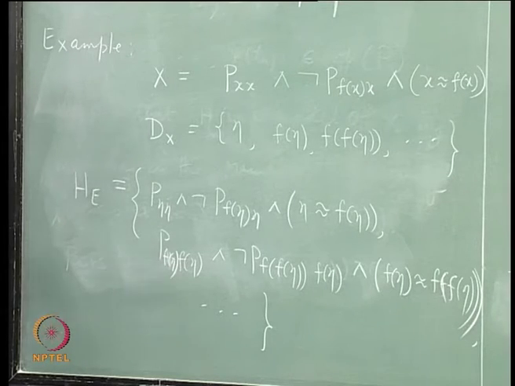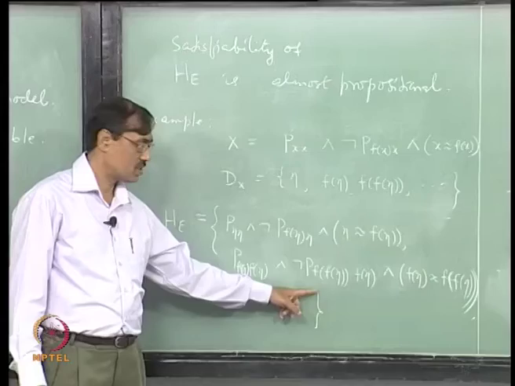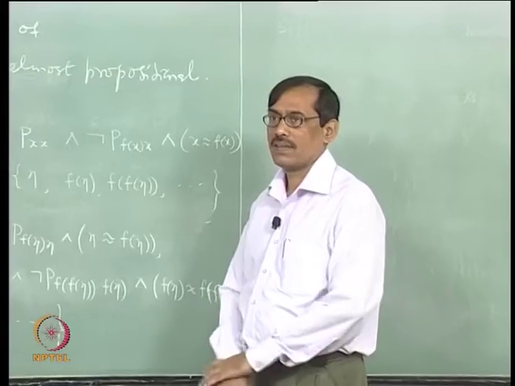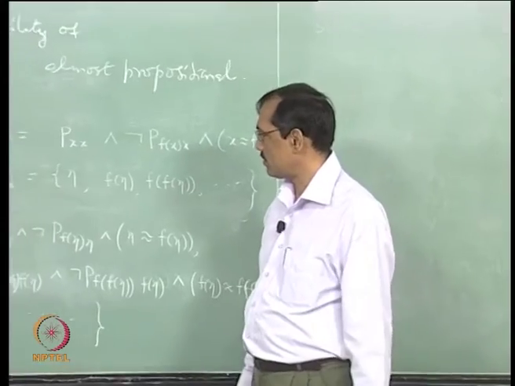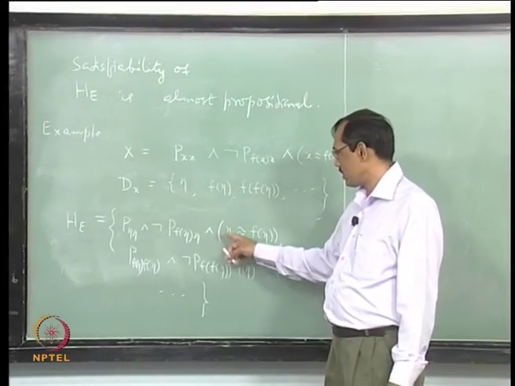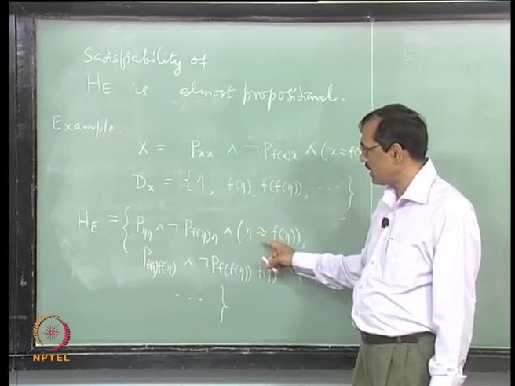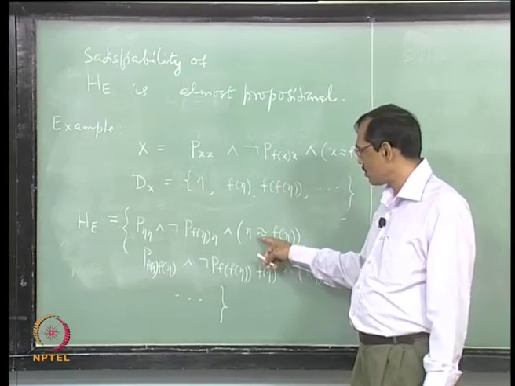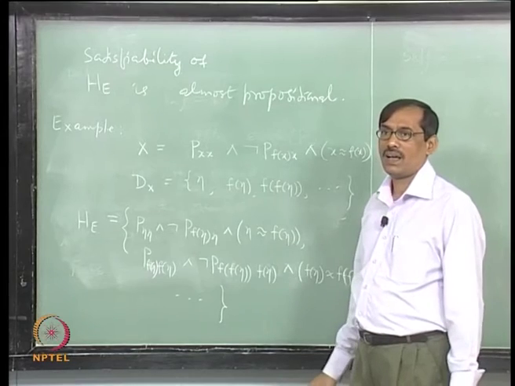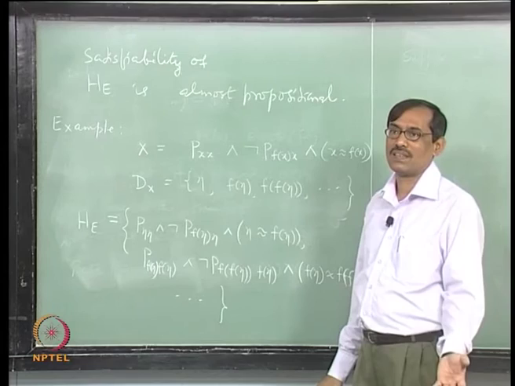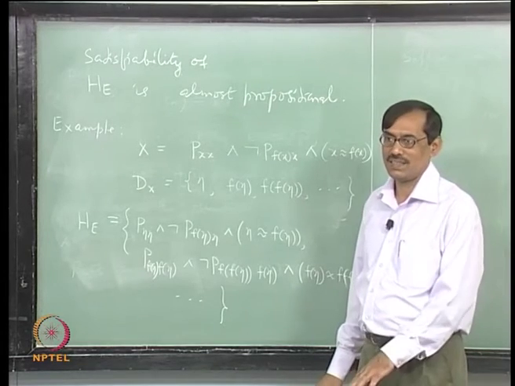Fine. Now, is this satisfiable or not? Is HE satisfiable or not? Why is it not satisfiable? Because of some property of E, equal to f eta. Now, when you are writing in HE, you will not write eta equal to f eta, because equality is not permissible in the expansion, it has to be written as E, right.